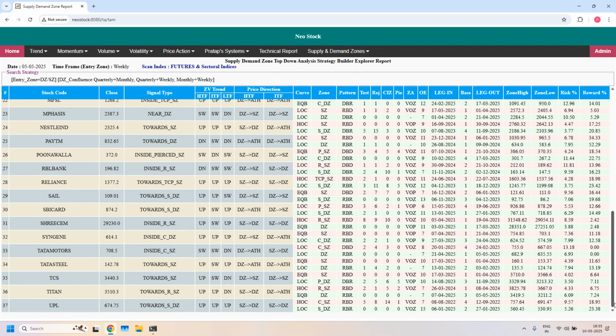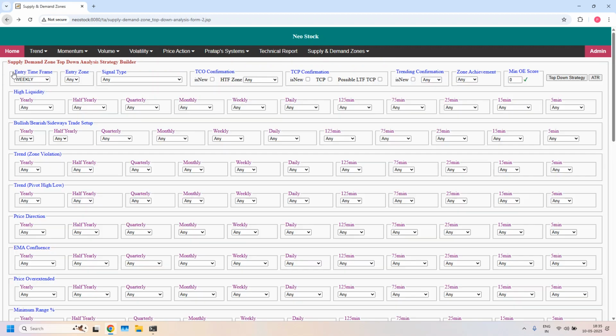37 stocks are filtered. We can further narrow down this list based on quarterly demand zone having quarterly EMA confluence, because the weekly and monthly together overlapped with quarterly. So that's why in the EMA confluence at quarterly, checking quarterly demand zone having quarterly EMA.